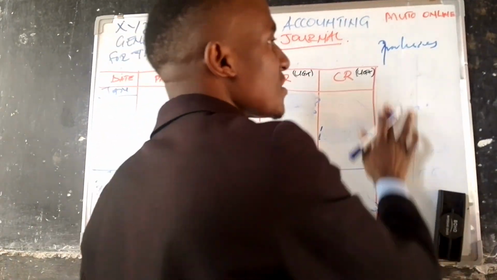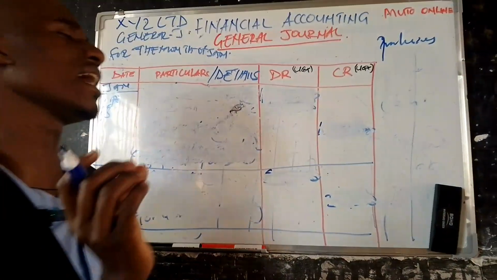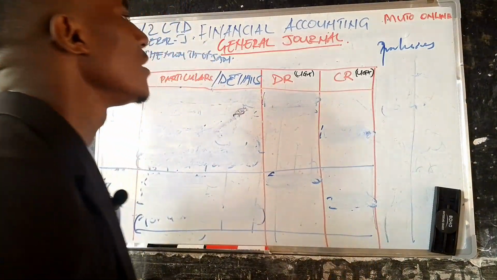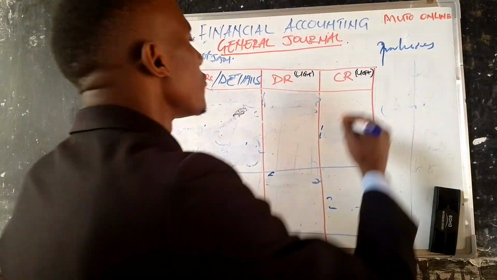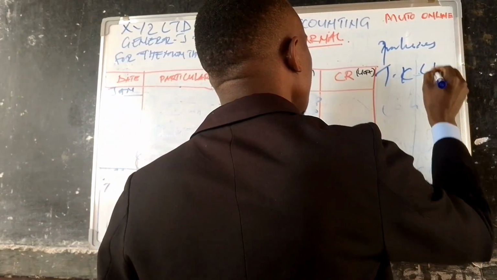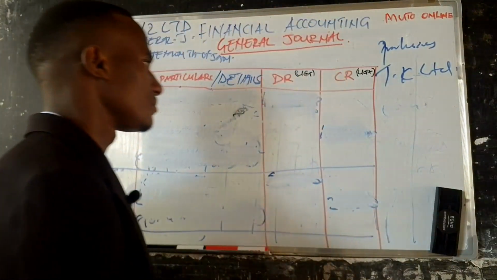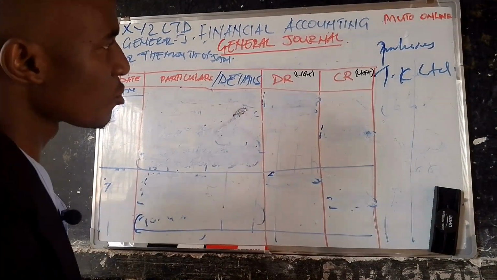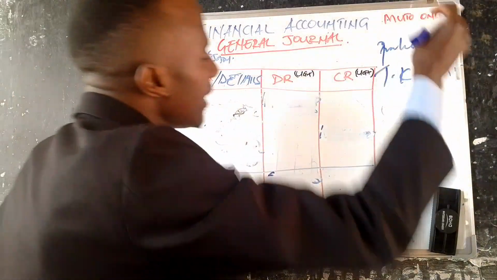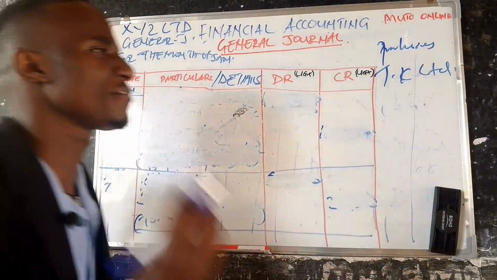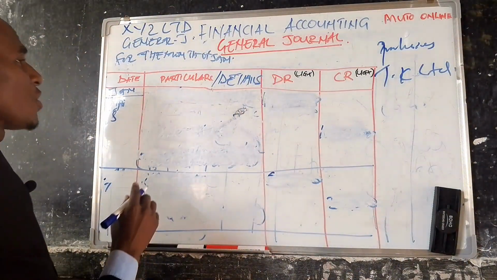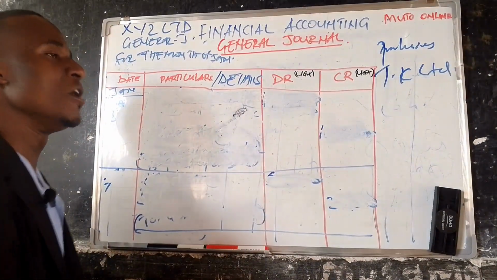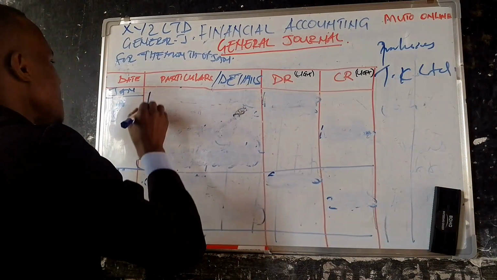And since there is no alternating account, we are free to record the person these purchases were bought from on credit. Remember, that person was TK Limited. So on this transaction, these goods were purchased on credit from TK Limited worth 500,000. Here we are going to debit purchases because purchases is gaining from TK Limited. Purchases account.